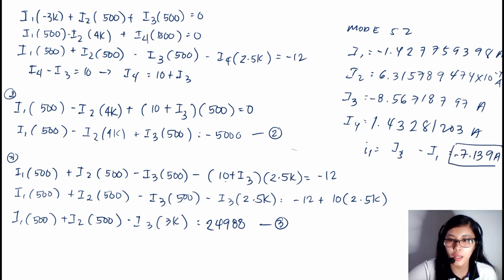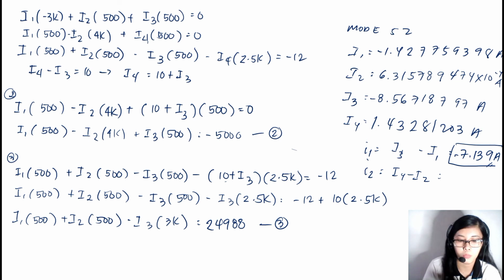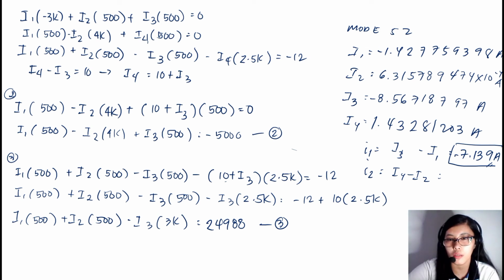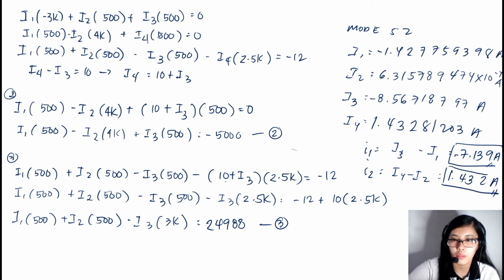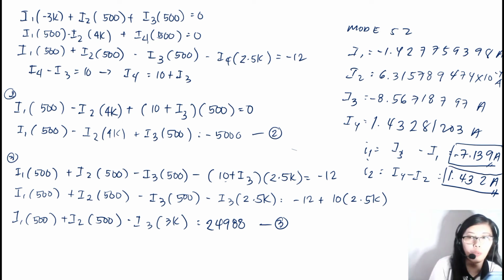And our I2 is I4 minus I2, and that is 1.432 minus the I2, 6 point, it's long, raised to negative 4. And that is 1.432 also, since I2 is very small, it can't be felt. So we have 1.432 ampere.